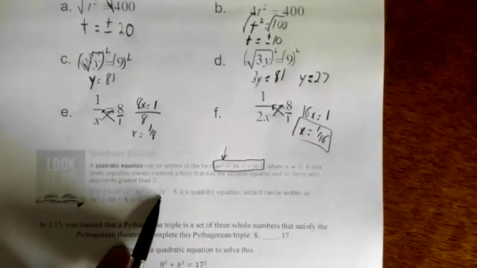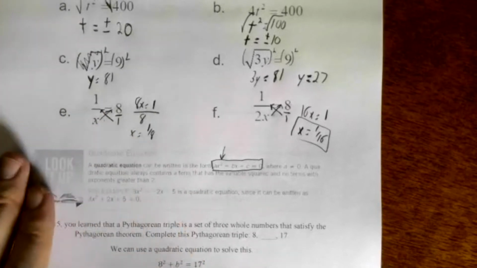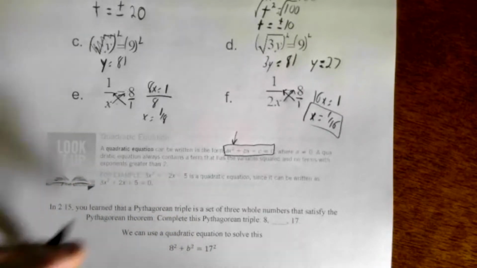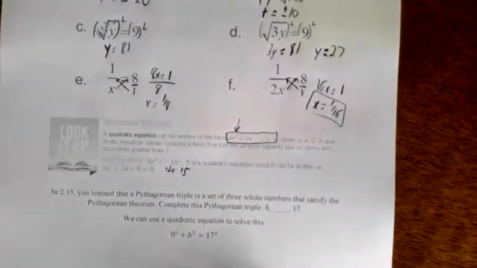So an example that they have, 3x squared minus 2x equals negative 2x minus 5, is a quadratic, since we can change everything to the left side, so we have 3x squared plus 2x plus 5 equals 0, right? So the way they did that is just add 2x on both sides and then add 5 on both sides. So we get 0 on the right and we get everything else on the left. Okay.